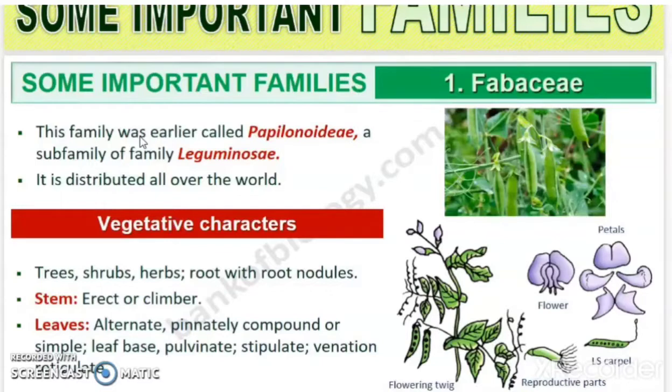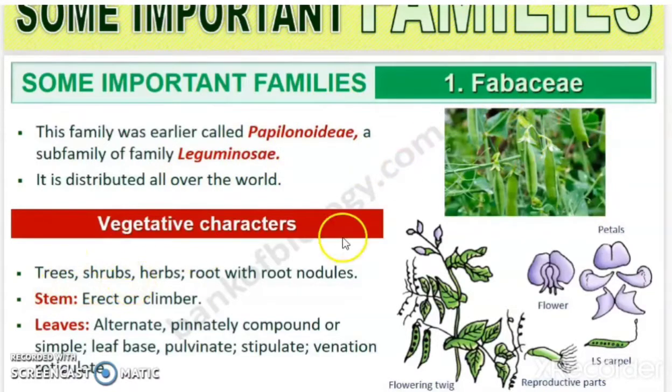A family is a larger population under which many different genera and species will be found. So this Fabaceae, which was earlier under the Leguminosae family, was Papilionoideae. That was the earlier name, now it is termed Fabaceae.